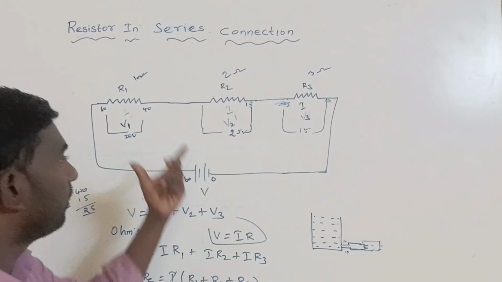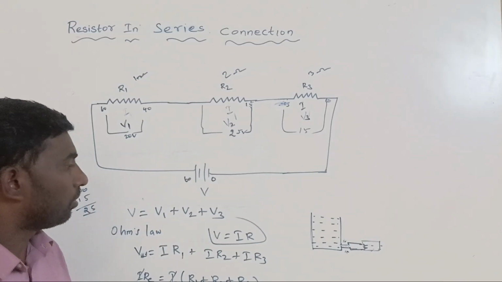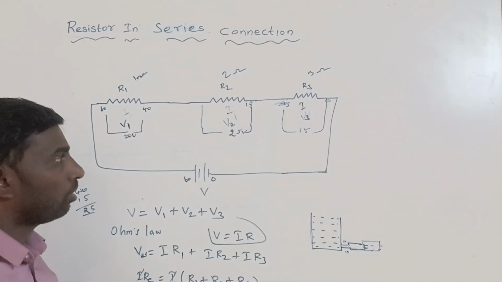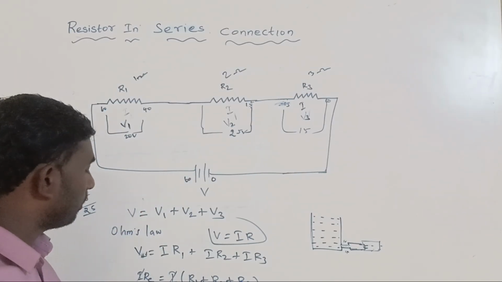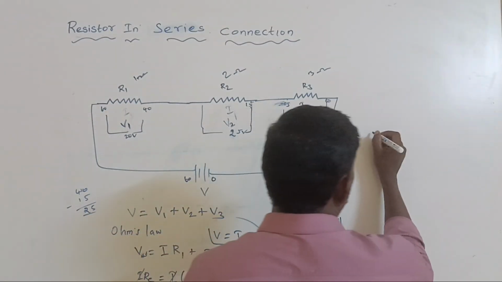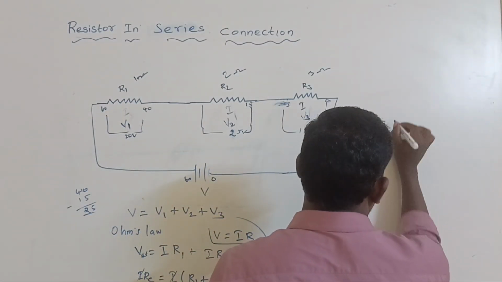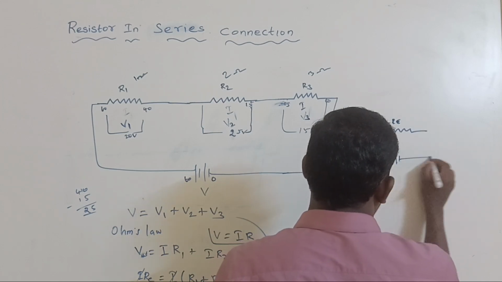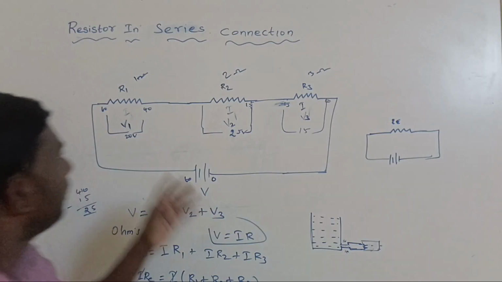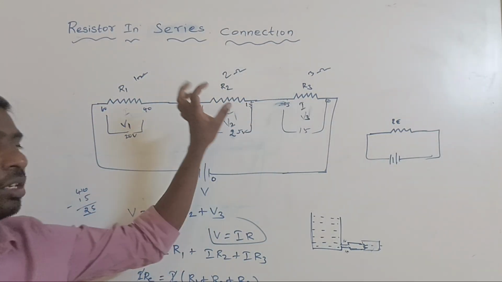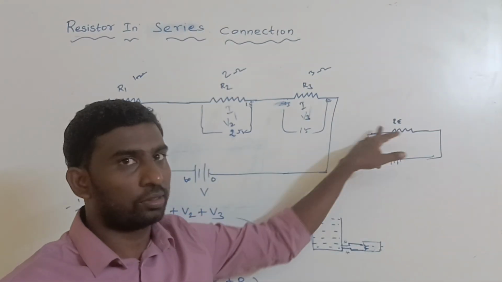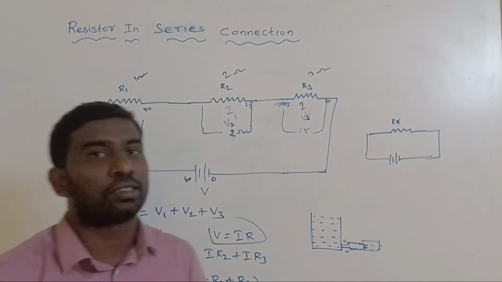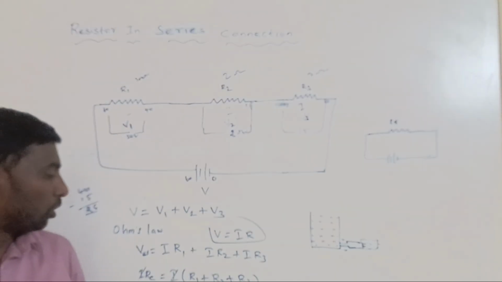Suppose the resistances are 1, 2, 3; the total resistance we know. Instead of 3 resistances, we can use the total effective resistance, only 1 resistance. So this is the resistor in series connection. I hope you all understand this.